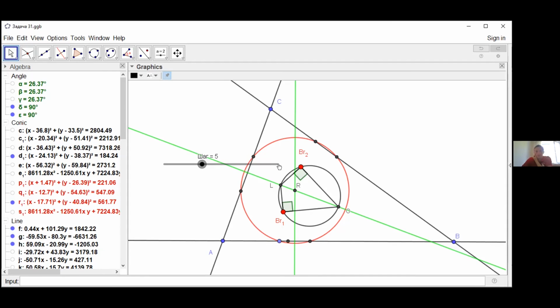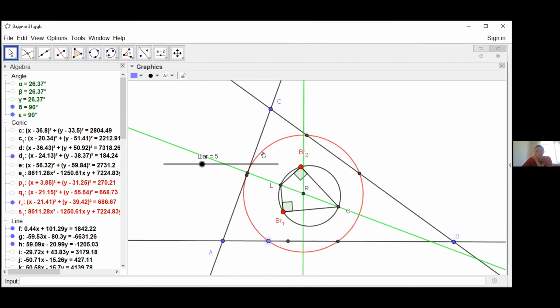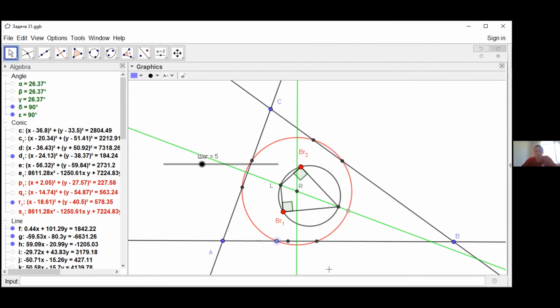So for this pair of Brocard points, we can consider generalized pedal triangles and generalized pedal circle. It is drawn here. So these 6 points on the sidelines of the triangle are our A1, B1, C1, A2, B2, C2.